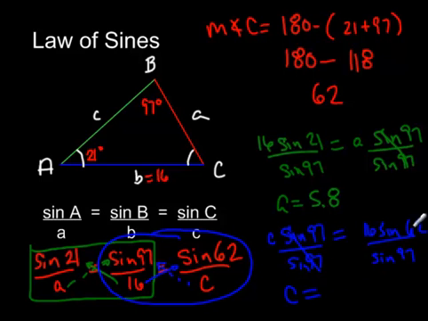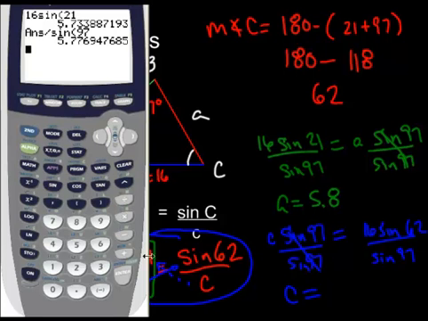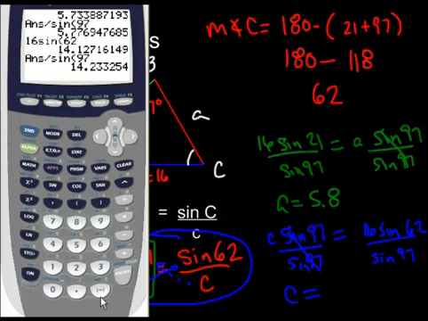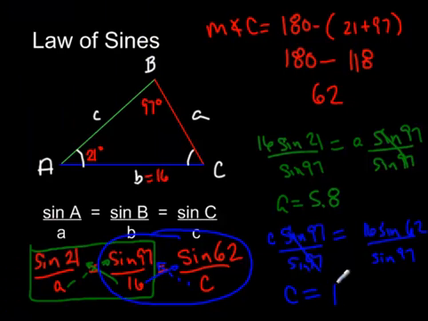Therefore, C is equal to, well, let's plug that into our calculator: 16 sine 62 equals divided by sine 97. And we see that C is approximately 14.2.